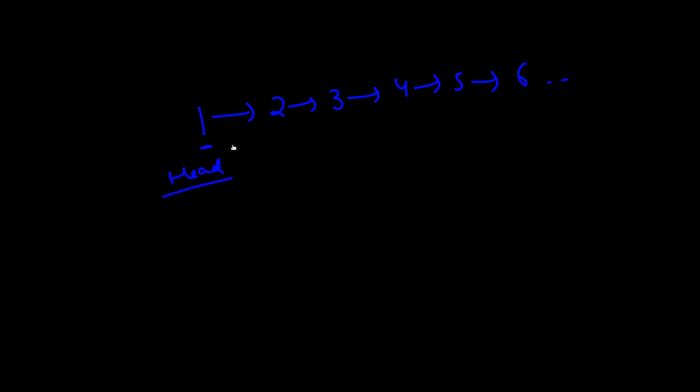Now what they have done in the problem is, suppose if you want to delete 4 from this linked list, instead of giving this head 1 and the value 4, they have directly given you this node 4. So you don't have access to this part. Okay, so this is what they have done in the problem.